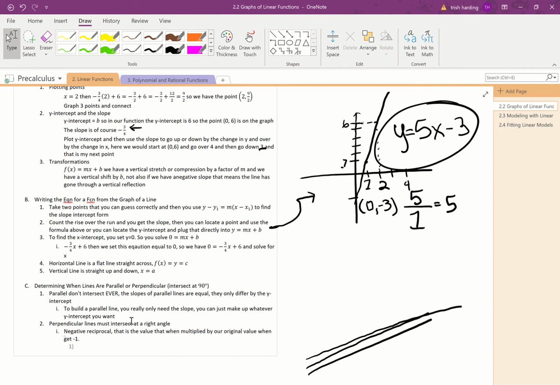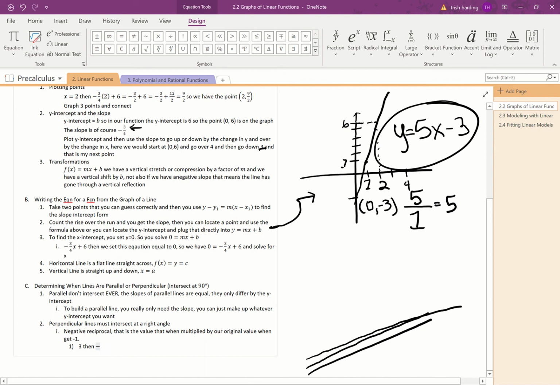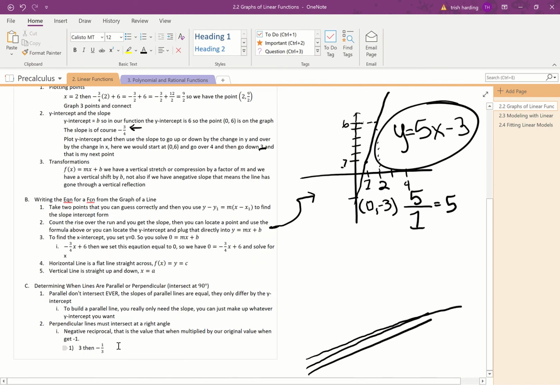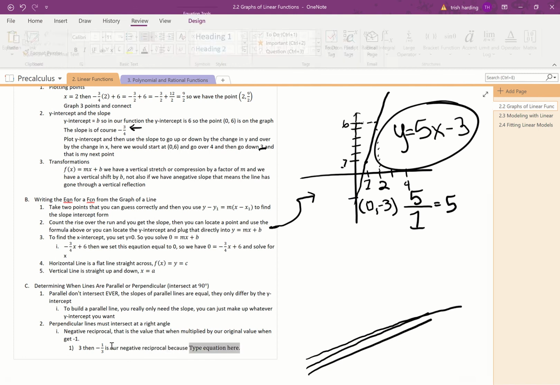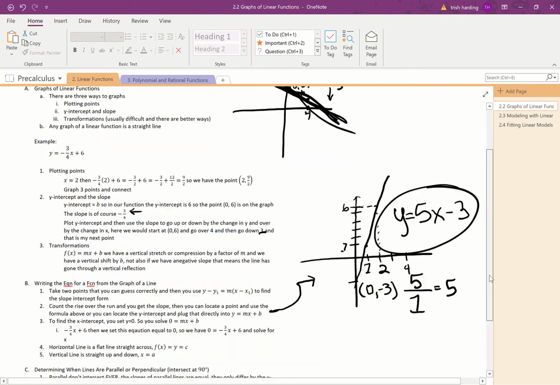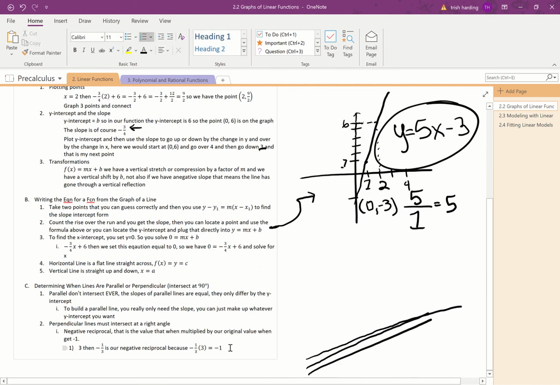So that means if our original value is 3, then -1/3 is our negative reciprocal. And that is because -1/3 times 3 equals -1. So that's what a negative reciprocal is.